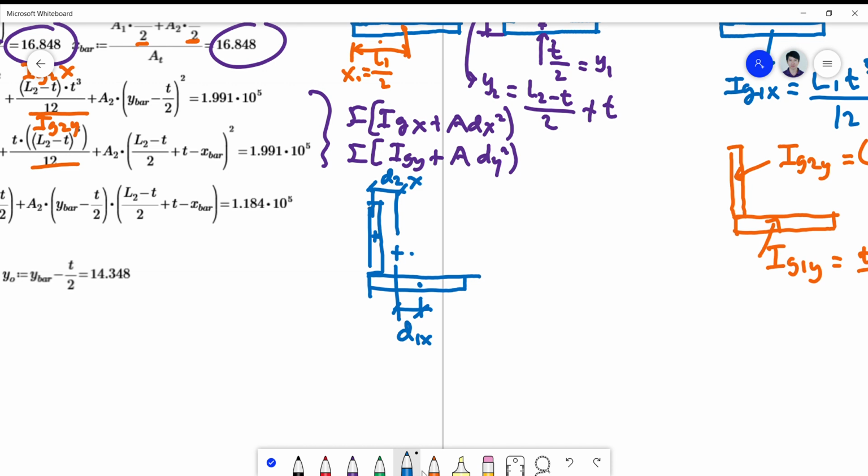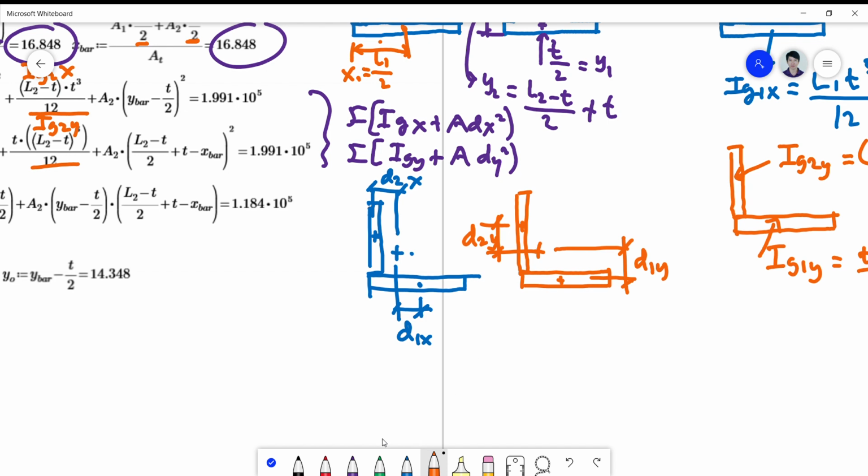Okay, so for my y direction distances, I have here my centroid, so this is my dy1 or d1y, and for my distance here, I have my d2y or dy2.